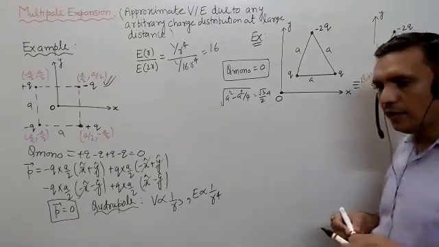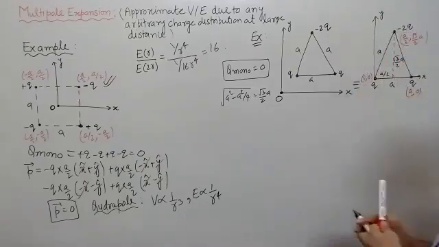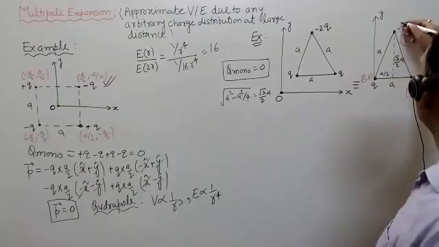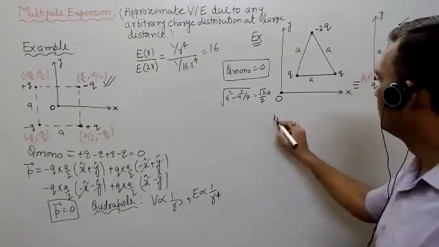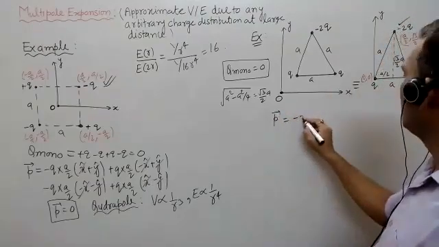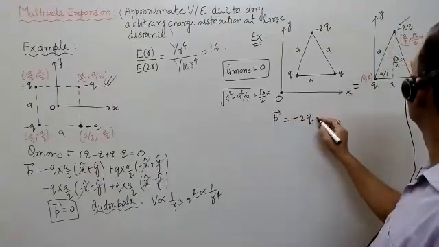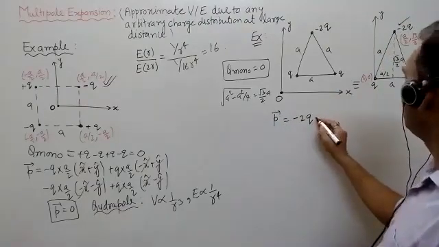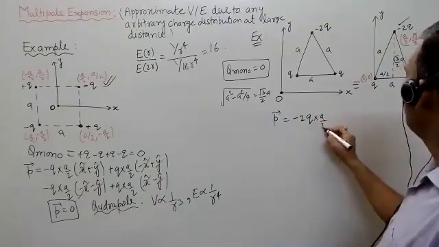So you can easily find the dipole moment. Start with this charge. So minus 2q, then take a by 2 common.